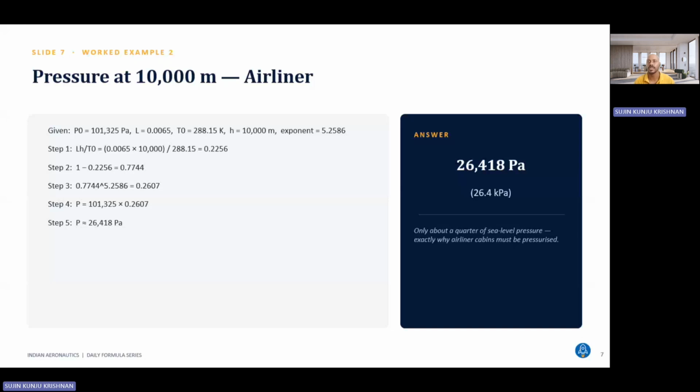Within this altitude range, if you get a number larger than sea level pressure, you have made a sign or exponent error. Go back and check.